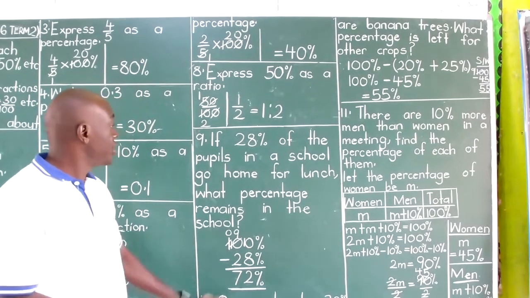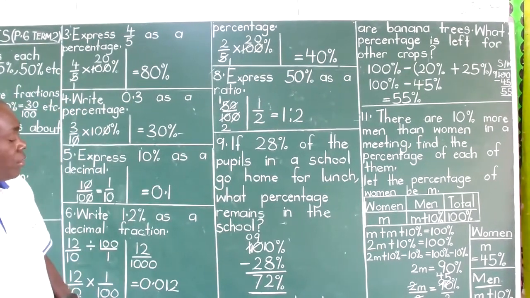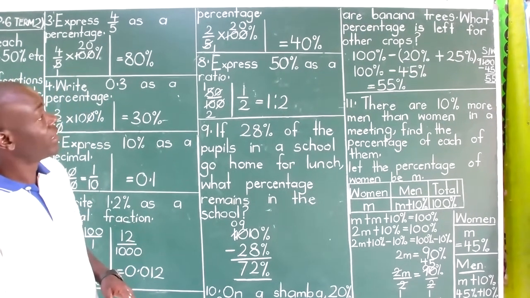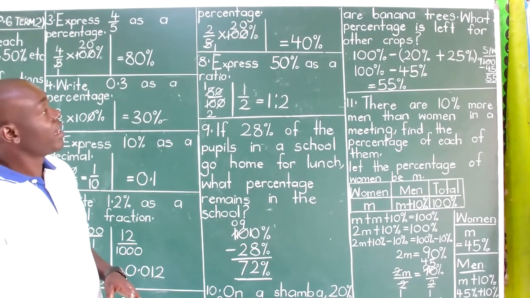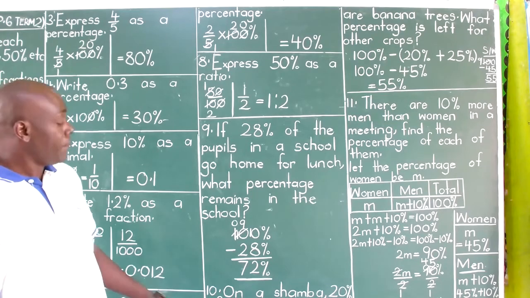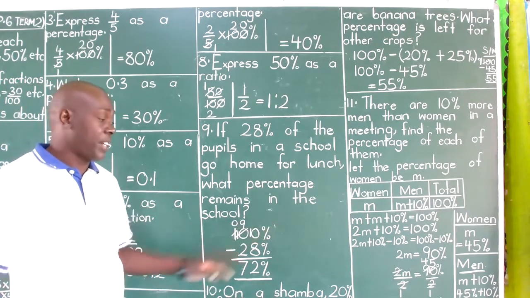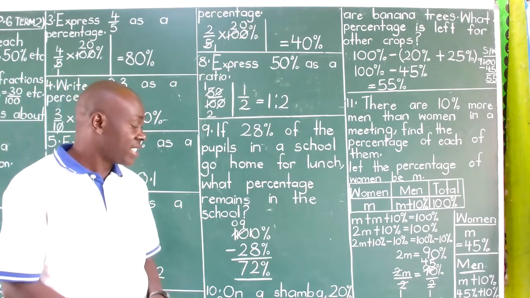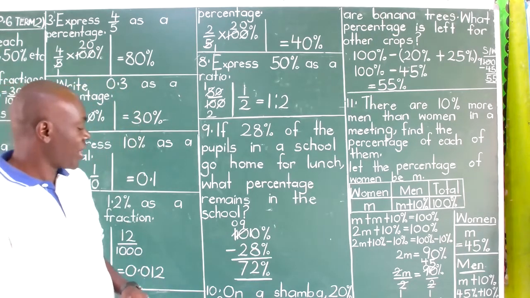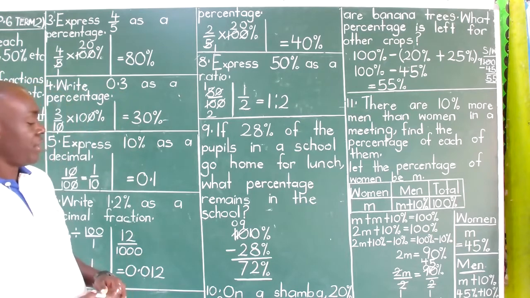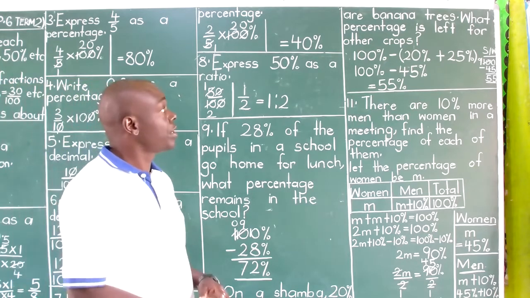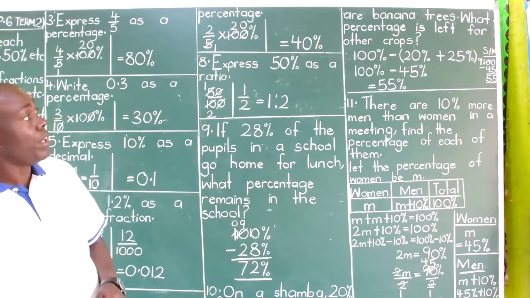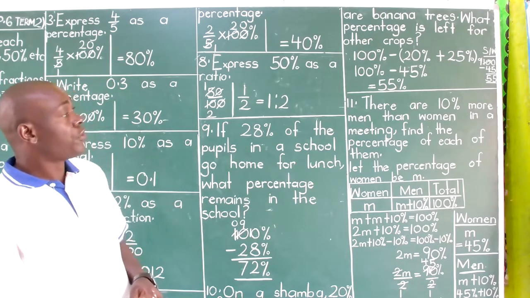So this one is related to number 9, you must know that the whole shamba means the full 100%. So it is divided into 3 sectors: 20% which are coffee trees, 25% which are banana trees, and then the other sector which is left for other crops.